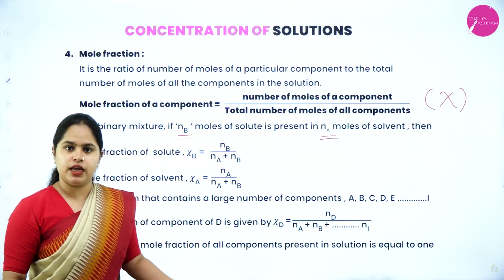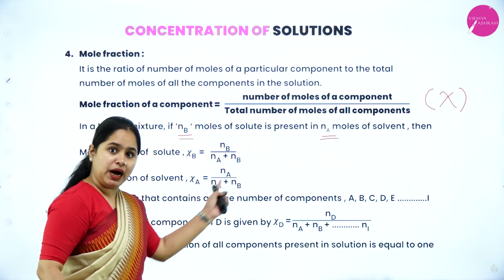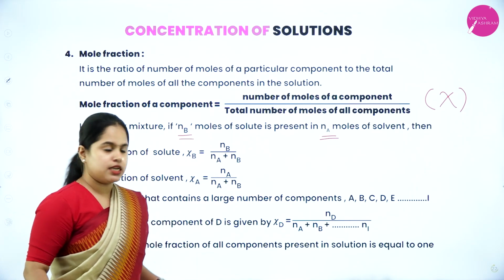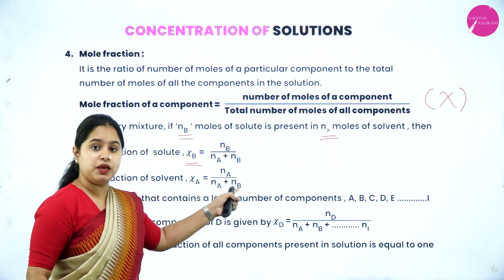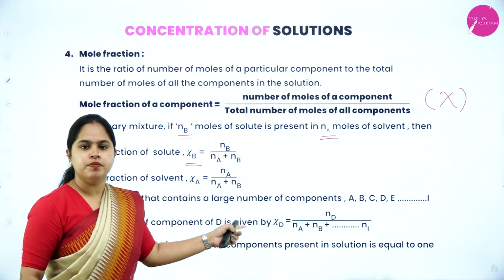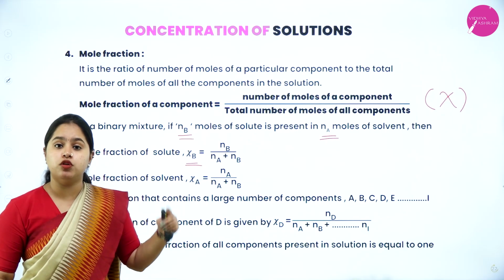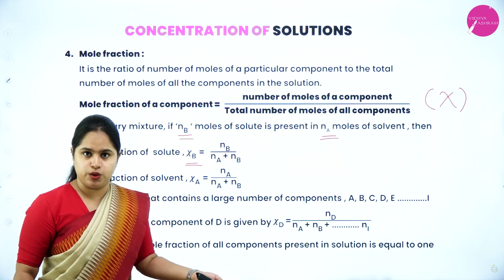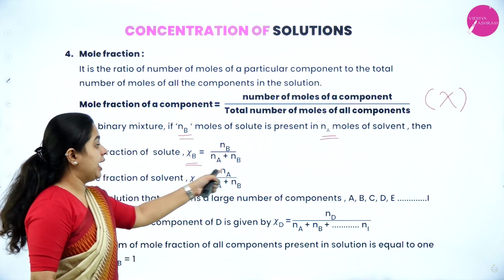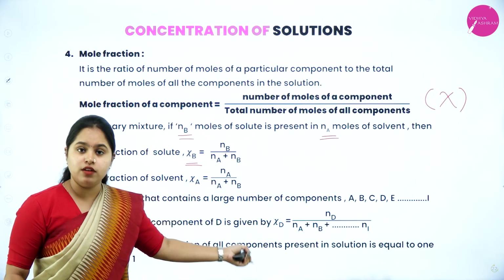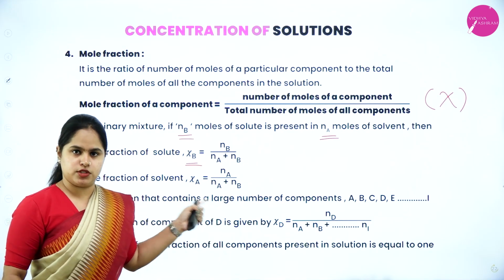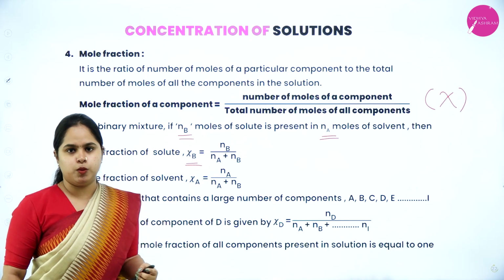A and B, right? So chi B will be equal to NB by NA plus NB. Right, and in the same way, if you have to find the mole fraction of the solvent in the solution, it will be NA, that is number of moles of solvent divided by the total number of moles, that is NA plus NB. I hope it is clear.